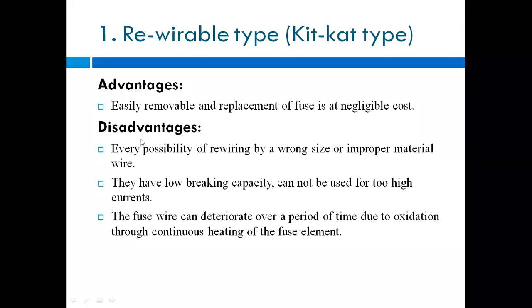Under normal operating conditions also, as this fuse is connected in series, continuous current is flowing through that fuse, but after some days, that fuse starts deteriorating due to oxidation. So these are some disadvantages of this rewirable fuse.